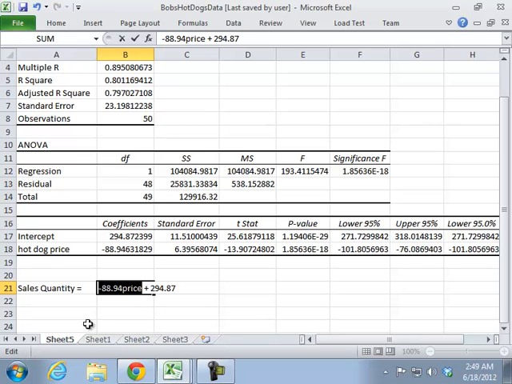Now another way to put that would be, you could also have it listed as 294.87 minus 88.94 price. Either way, it's the same equation.